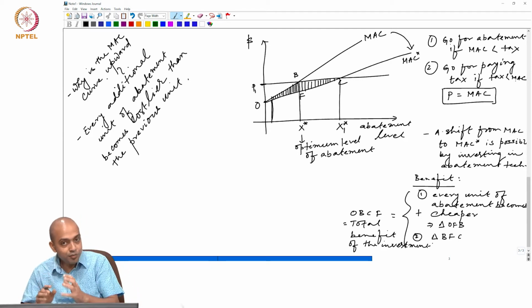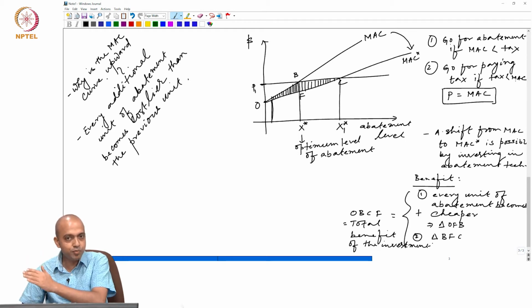So, if the firm invests money in R&D to come up with better technology so that MAC shifts from MAC to MAC star, there are two types of benefits the firm will enjoy. Firstly, the triangle OBF. Why is it generated? Because every additional unit of abatement becomes cheaper.